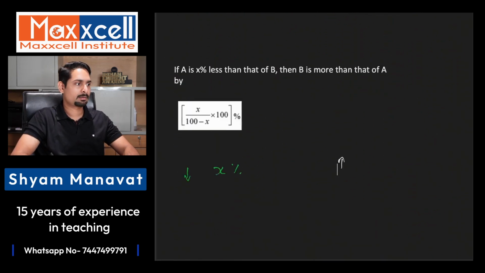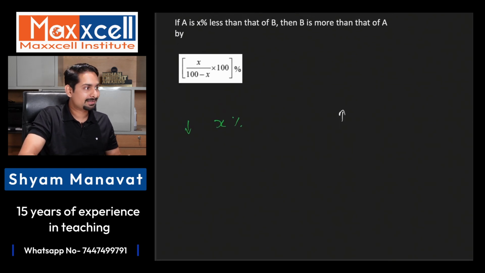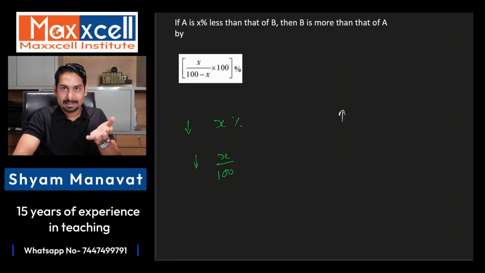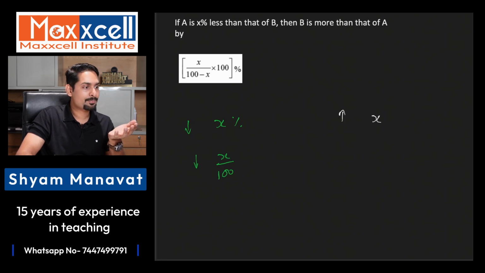With this trick you can easily say it is less by x by 100, then it should be more. To make it more, if you have to keep the numerator the same, you should reduce the denominator.